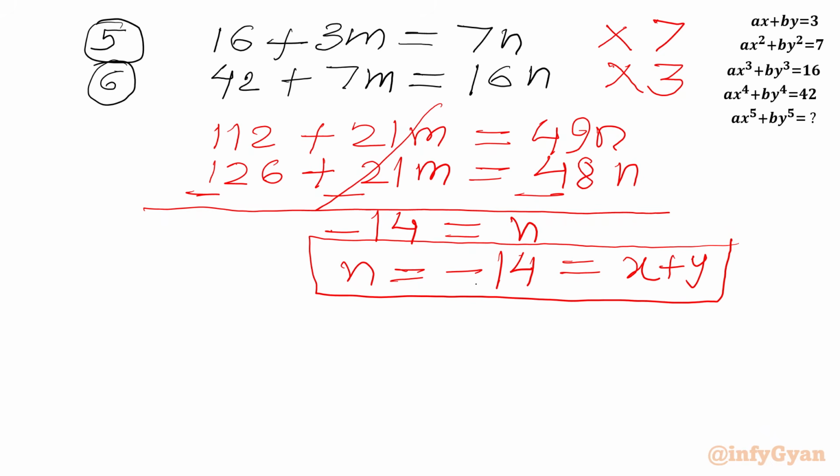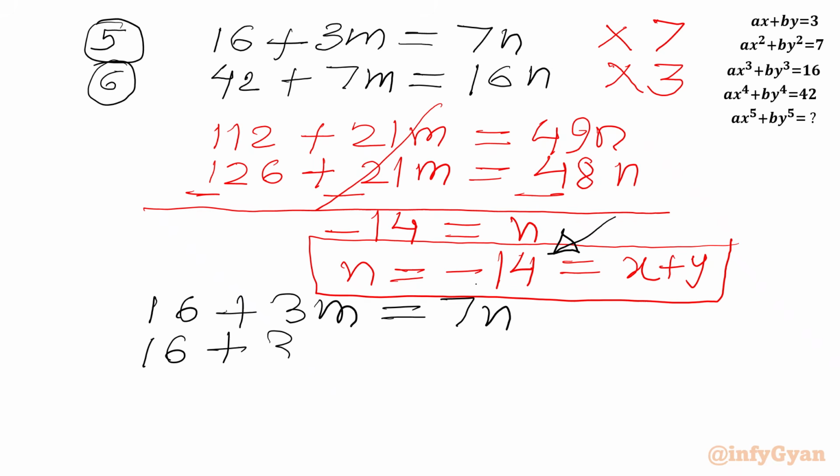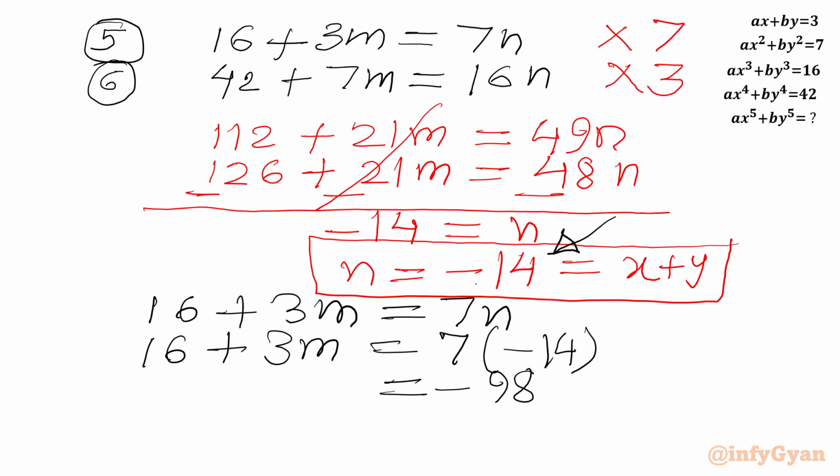Now we will consider our equation number 5. Let me write here 16 plus 3m equal to 7n. In place of n, we will put minus 14. So 16 plus 3m equal to 7 times minus 14, which is equal to minus 98. In the LHS, we will write 3m.